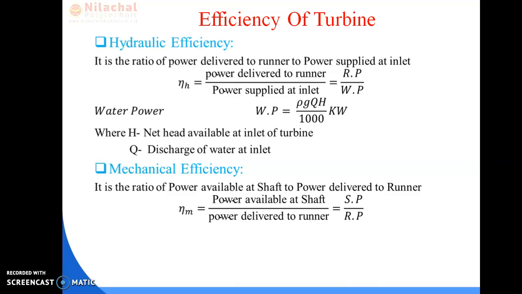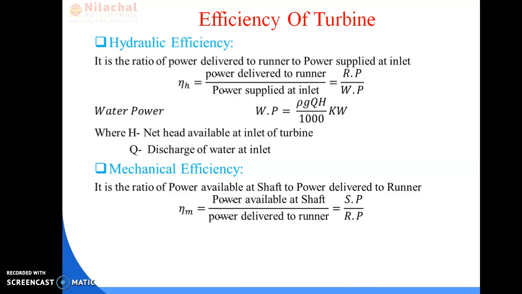This power is calculated using a brake drum, that is, a rope brake dynamometer is used to measure the power available at the shaft of the turbine, and that is known as the shaft power.